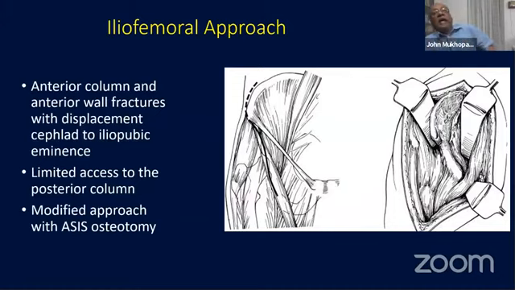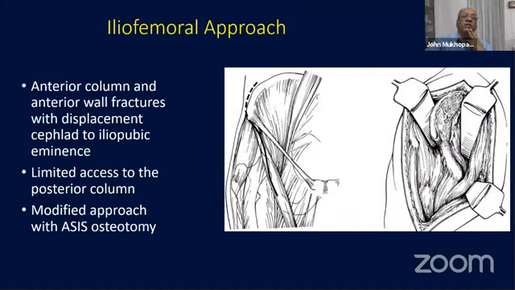So you can actually access the articular area on the front of the joint, and then you can easily go through the first window. And if you do the osteotomy, extend it almost up to the iliopectineal eminence.